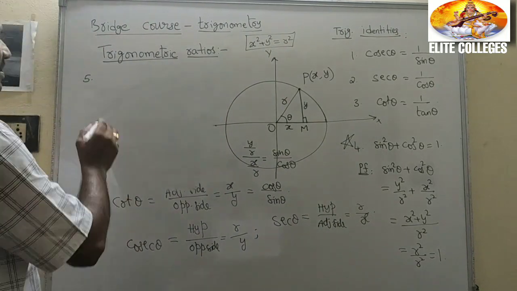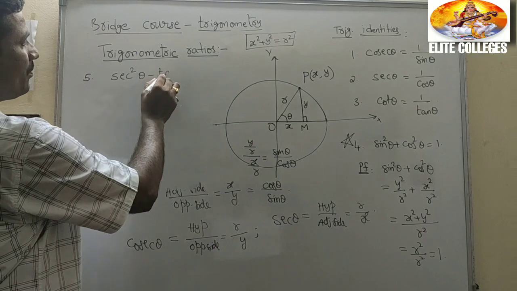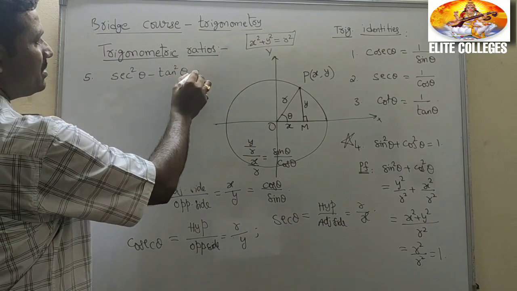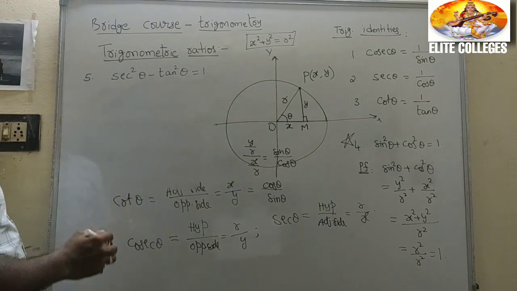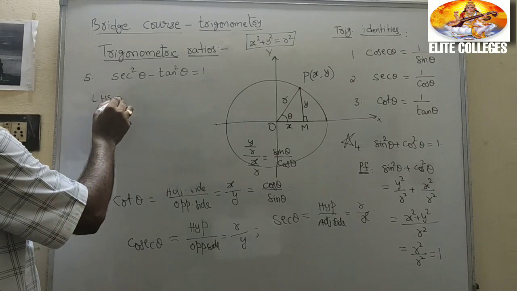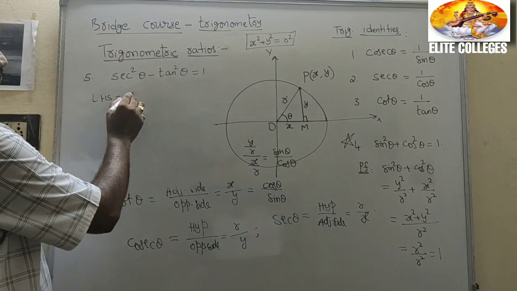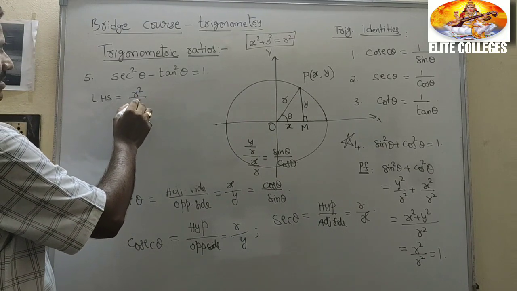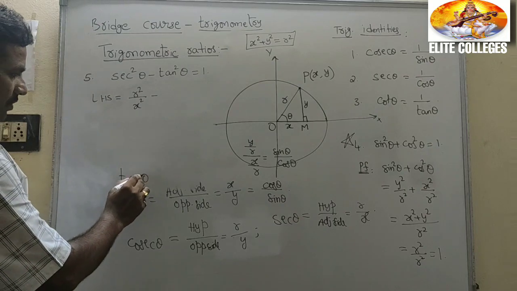The next one: secant square theta minus tan square theta equal to 1. The proof of this one is also very easy. Take LHS only. What is secant theta? R by x. So r square by x square minus tan square theta. What is tan theta equal to?